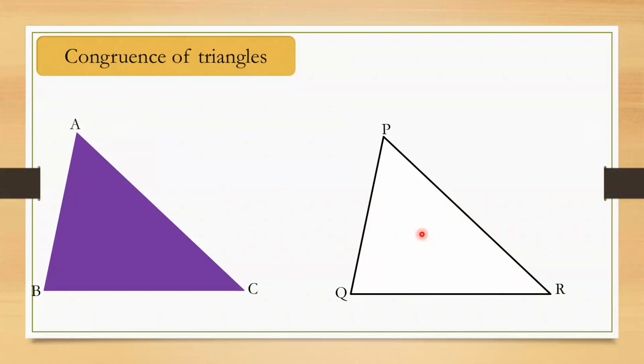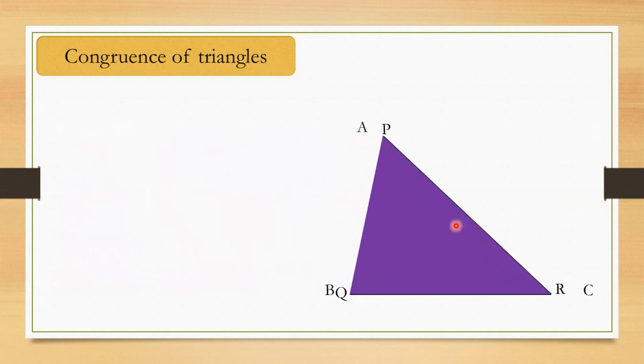Cut to cut match means they will be exactly equal. So if I keep this purple color triangle on this white color triangle, let us see what will happen. You can see here I have put it, and the white color triangle gets hidden behind the purple color triangle, but they are exactly equal. So this is nothing but congruence of triangles.